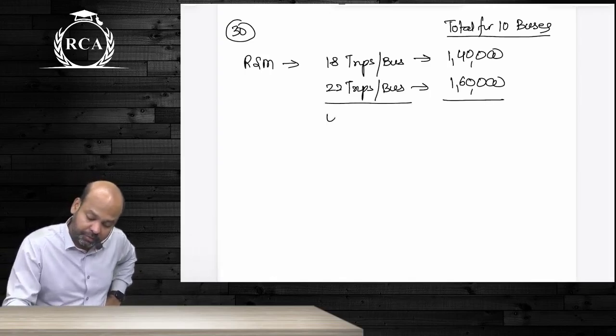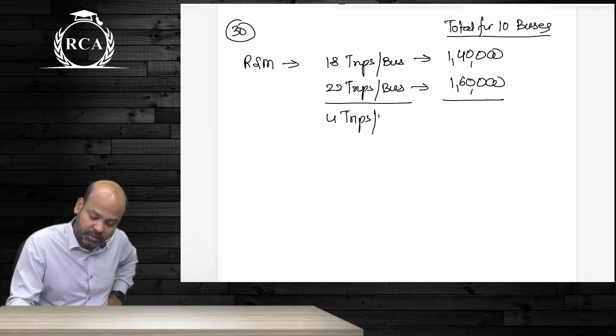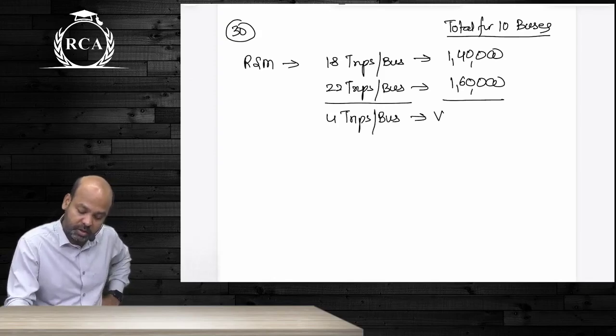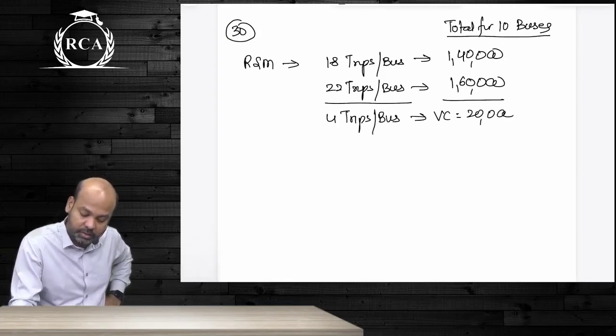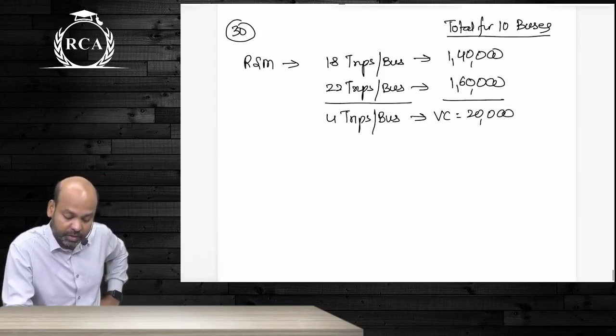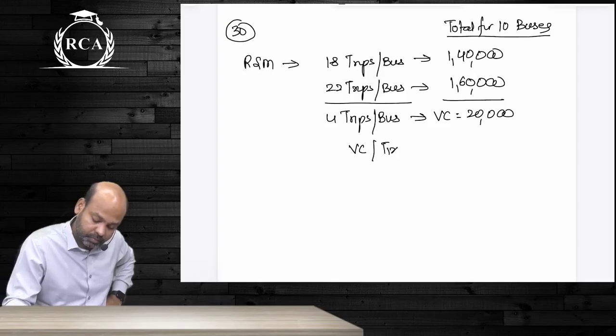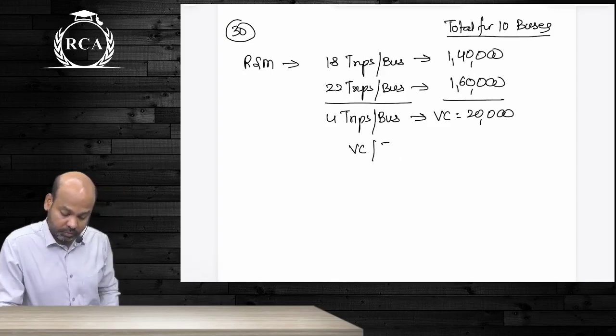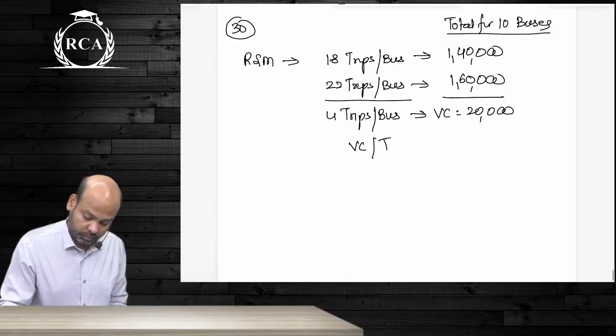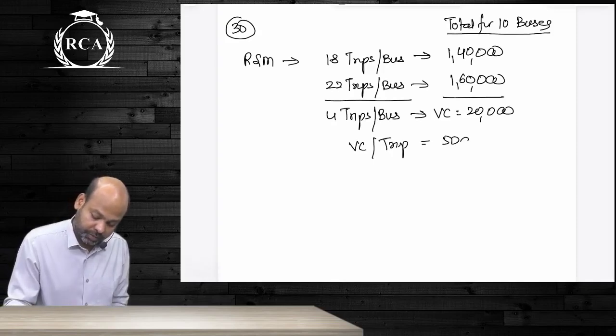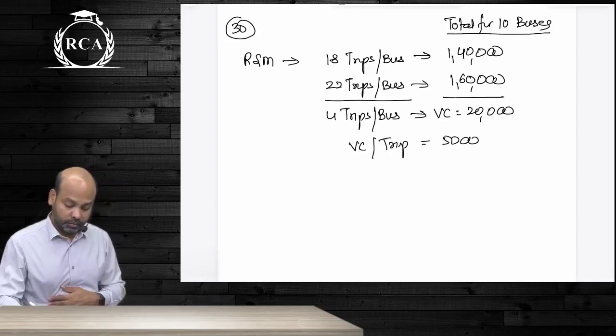That means 4 trips per bus, how much will the variable cost be? 20,000. Variable cost on a per trip basis, how much will that become? 5,000. How will you write the fixed cost?